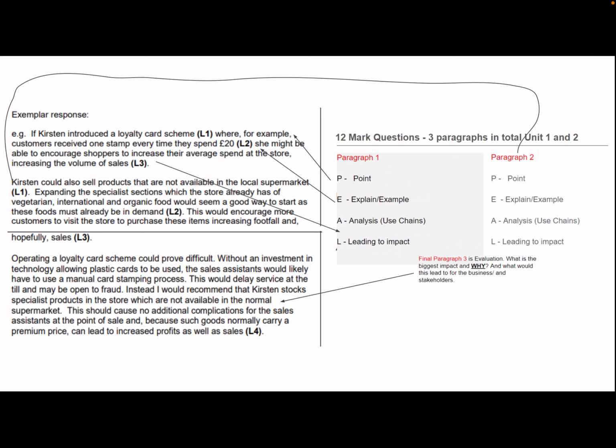So as I was saying, we have said which one is the best option for this business. We've then actually answered the question why and backed up something relevant to the case study. Remember, we're always going to use the case study. And then we have talked about what this leads to for the business. So what is the impact of this decision?